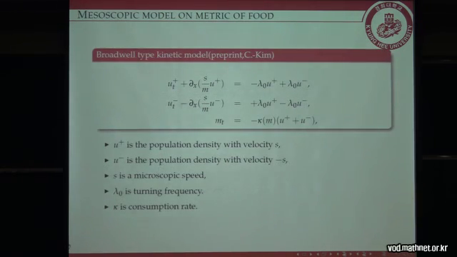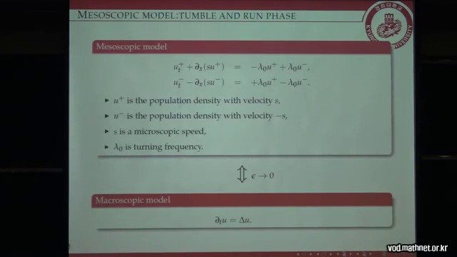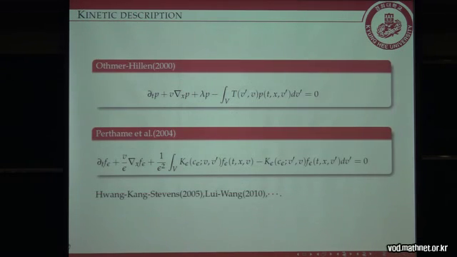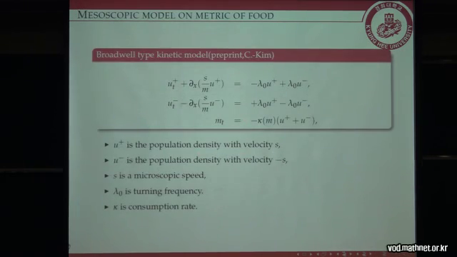So let's consider this Broadwell type kinetic model. We have this uniform diffusion equation, right? So we have a change of variable, and by the same process, we can obtain this one from the previous section.